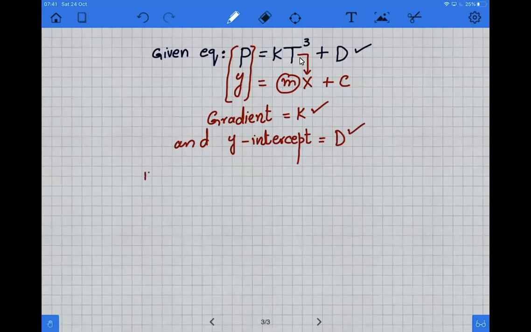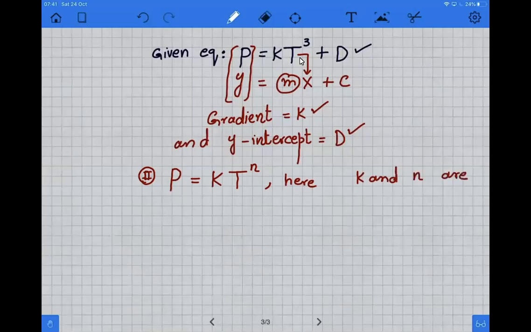Another example for part A, second example: what if you are given an equation in which the power is unknown? For example, if you're given P is equal to K times T power N, here K and N are constants.